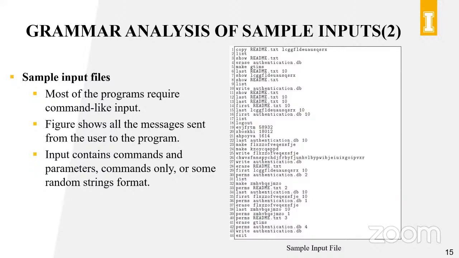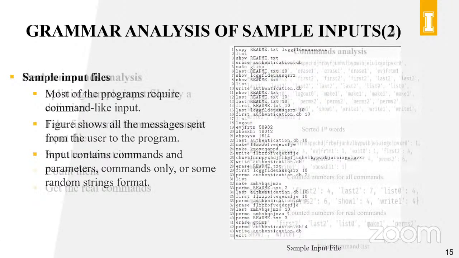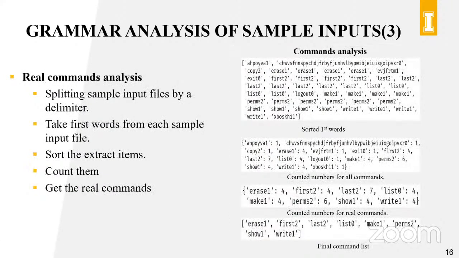This shows all the messages sent from the user to the program. Input contains a command and parameters, or a command only, or some random string format. Now we are going to do the analysis for the input.